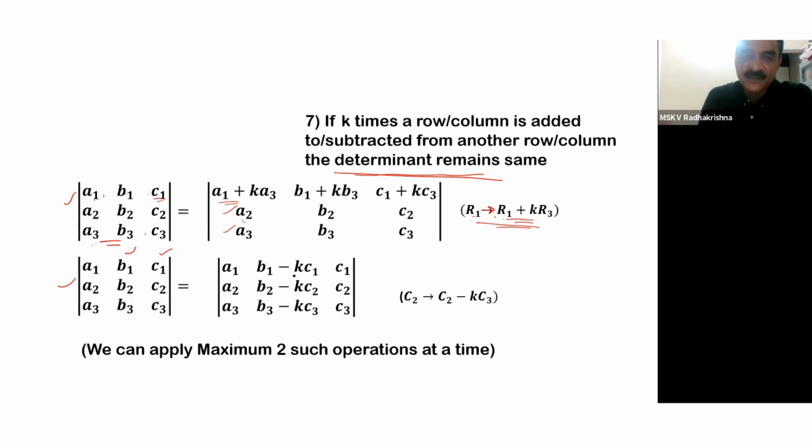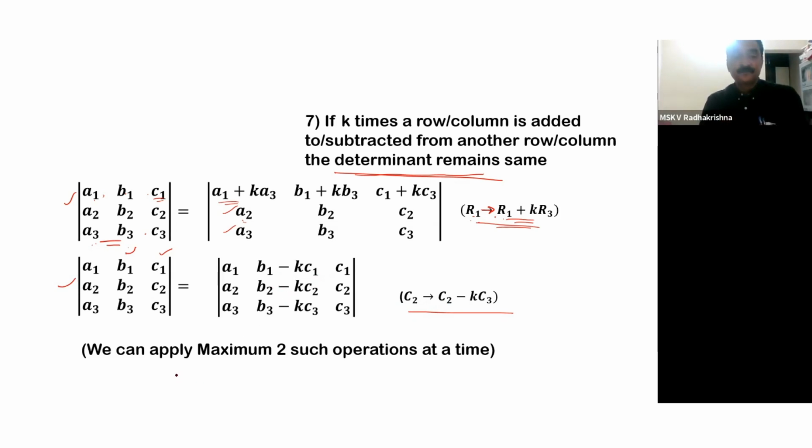B1 minus kC1, B2 minus kC2, B3 minus kC3. Okay. And this operation is represented like this: C2 changes to C2 minus kC3. Second column minus k times the third column is the operation done. The determinant remains the same. Okay.